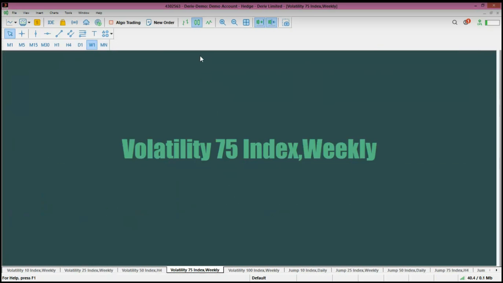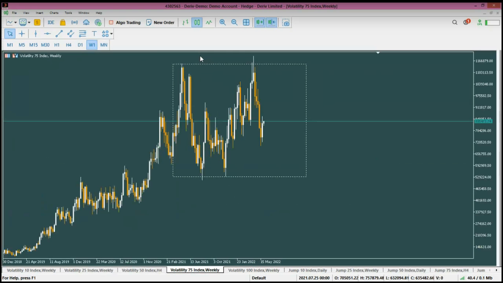On V75, let us take a look at our weekly chart, our weekly candlestick time frame. All right, as you can see, last week the buyers were in control, the bulls were in control here.